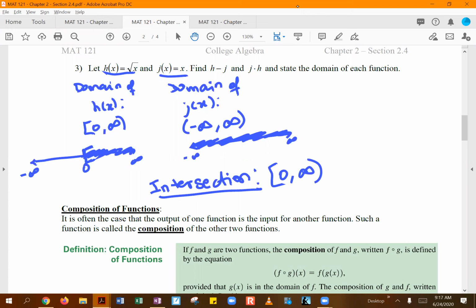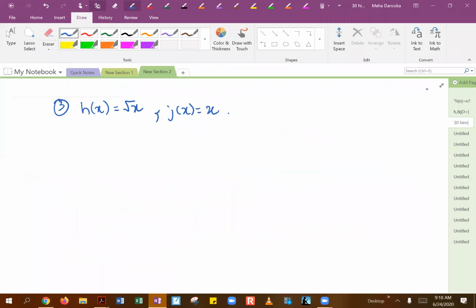Very good, Clinton. We want to see if we can keep this intersection as the domain for the h minus j and the j times h functions. So the intersection of the domain between h and j functions is 0 to infinity.